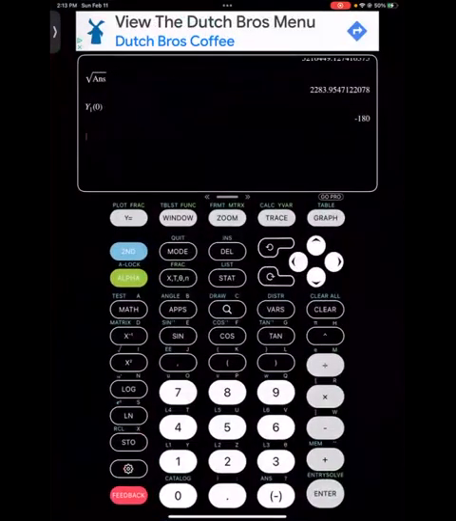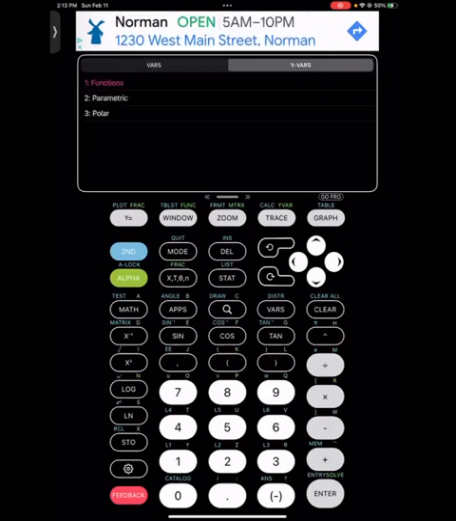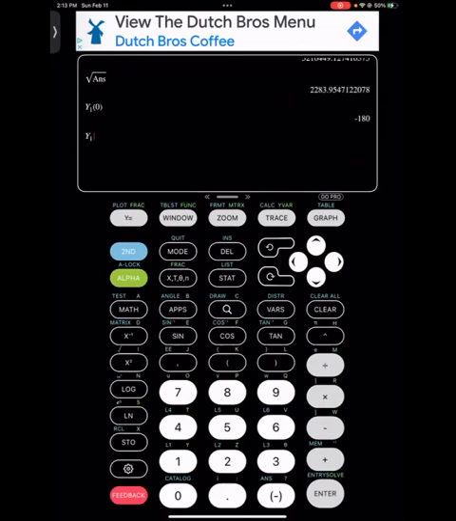So again, I go to variables, y variables, functions, y1. And then we look at our function notation. We just do parentheses, y1, parenthesis 15, close parenthesis, and I hit enter, and it says 420.